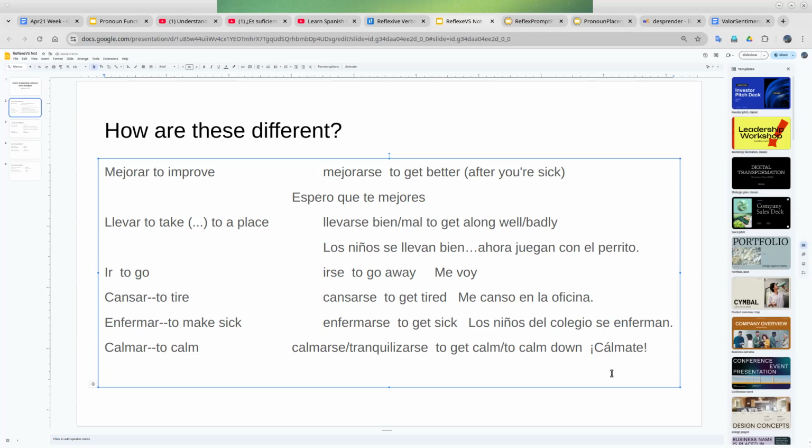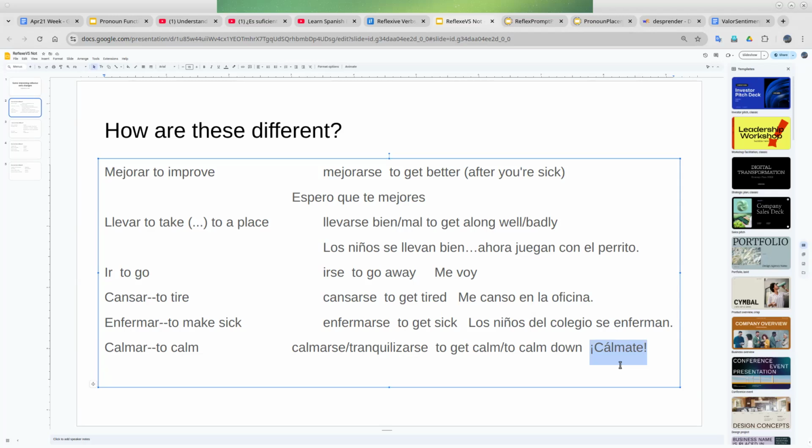Our kids and grandkids will say, chill out. That's cálmate. Cálmate. Calm down, relax, don't get excited. But notice something funny happens here versus the other ones. We've got se enferman, me canso, me voy, se llevan bien. But here we slap it onto the end.